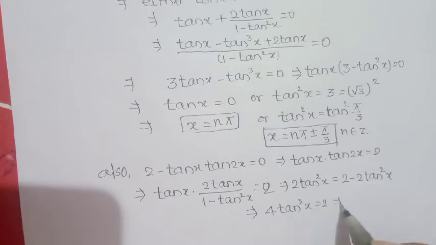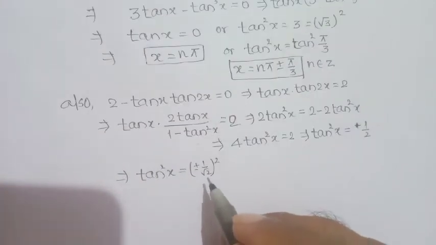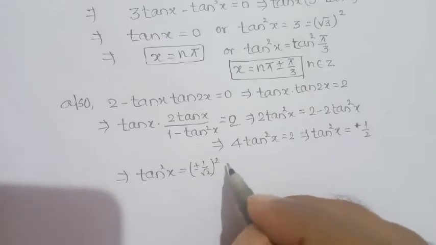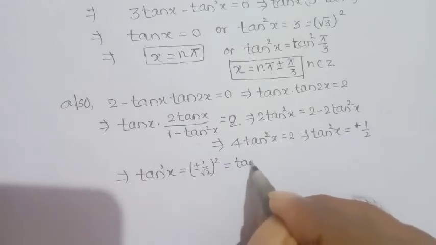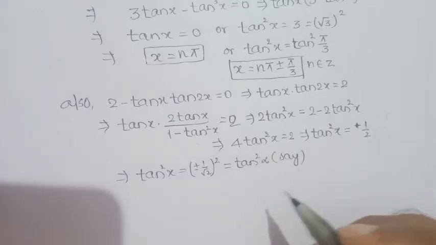It means tan square x is equal to 1 by 2, and consequently tan square x is equal to plus minus 1 by root 2 whole square. Since it has no value in the trigonometrical table, we write it as, suppose, tan square alpha for some constant value alpha.